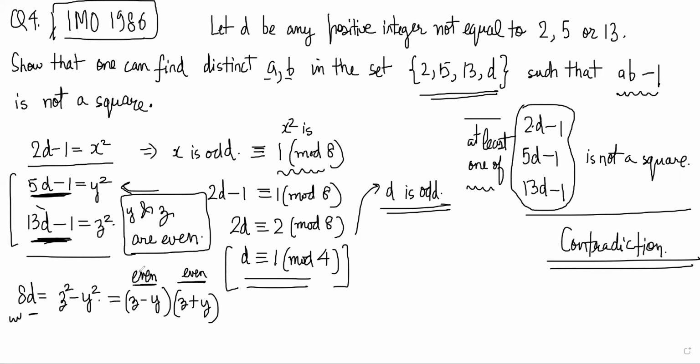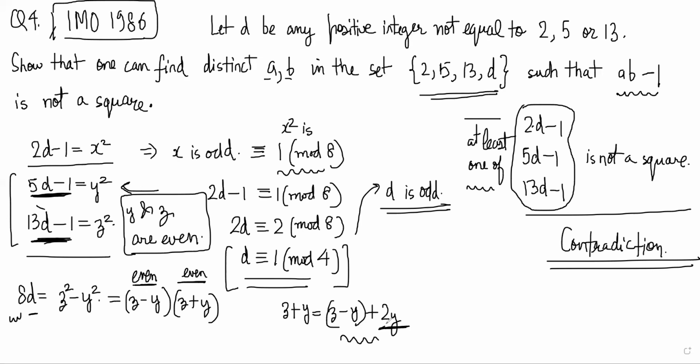So let's say Z minus Y is divisible by 4, right? Then Z minus Y plus 2Y is Z plus Y, and 2Y is also divisible by 4, no?